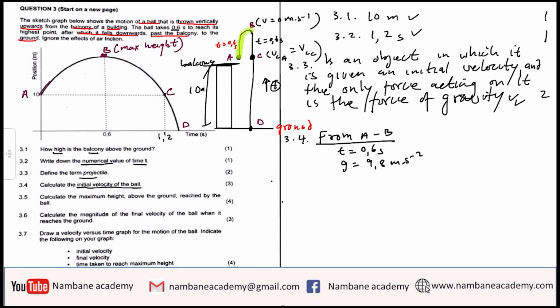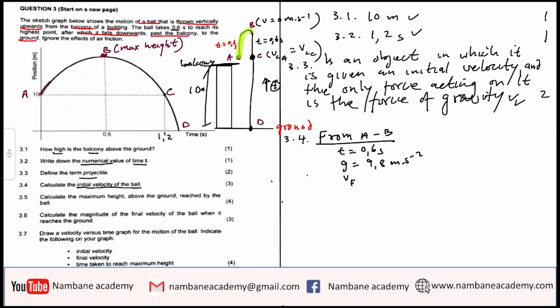It's when we apply the physics principles: at B we have already written, we have understood what is happening in terms of the position versus time graph and taking it into drawing our trajectory.